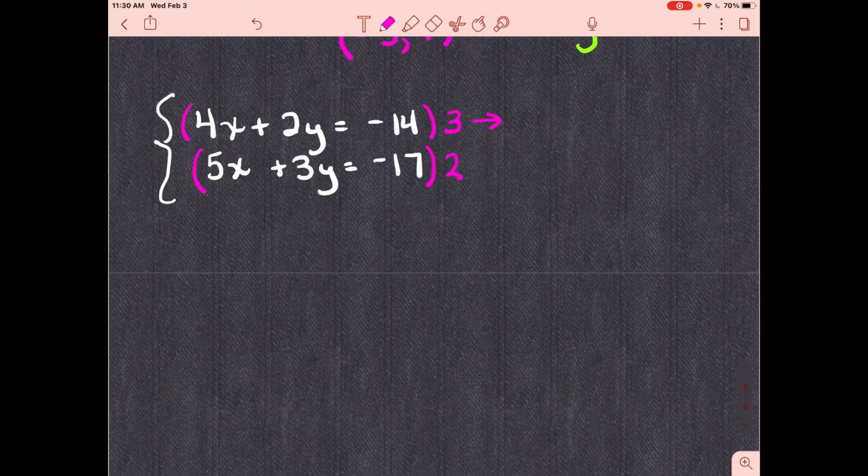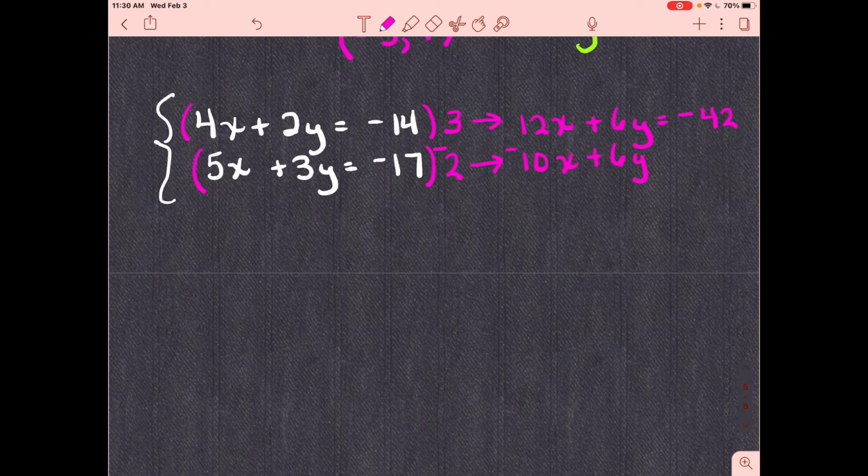Okay, so if I multiply the top times 3, I'm going to get 12x plus 6y equals -42. And for the bottom, I'm multiplying times 2, so I get 10x plus 6y equals -34. Let's multiply by -2.